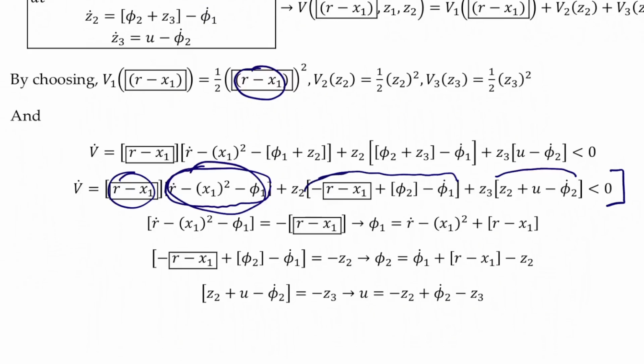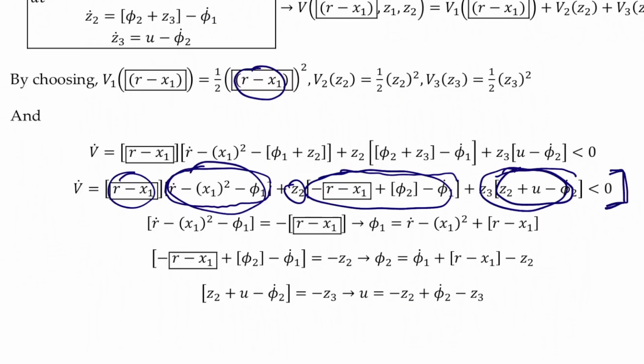Also, if this term were to be minus z2, and since we have z2 here, this whole expression will result in minus z2 squared. The same idea, we want this term to be minus z3, and this whole bilinear expression will result in minus z3 squared. Finally, it will be guaranteed that the V dot expression is negative definite, which is what we want.